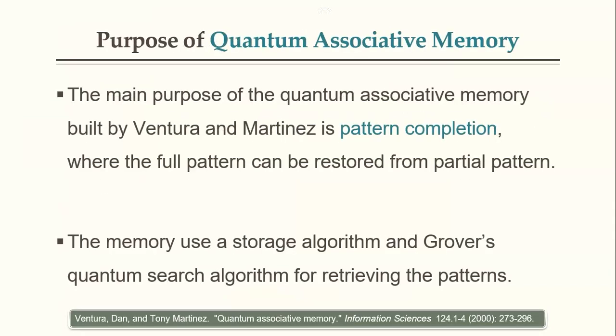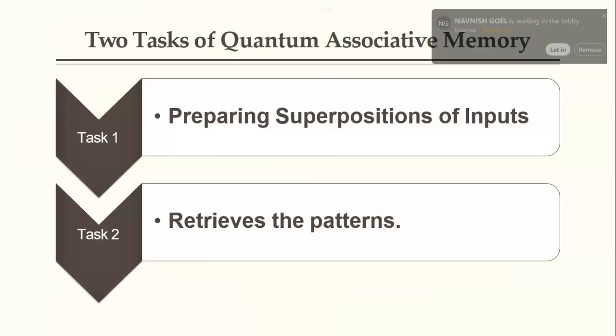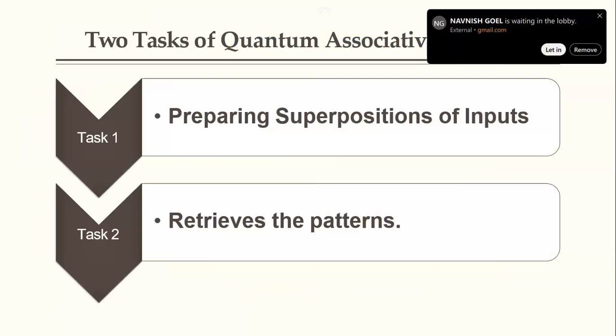The memory uses a storage algorithm and Grover's quantum search algorithm for retrieving the patterns. Here we use two types of quantum associative memory: one for preparing superpositions of input and another that retrieves the patterns.